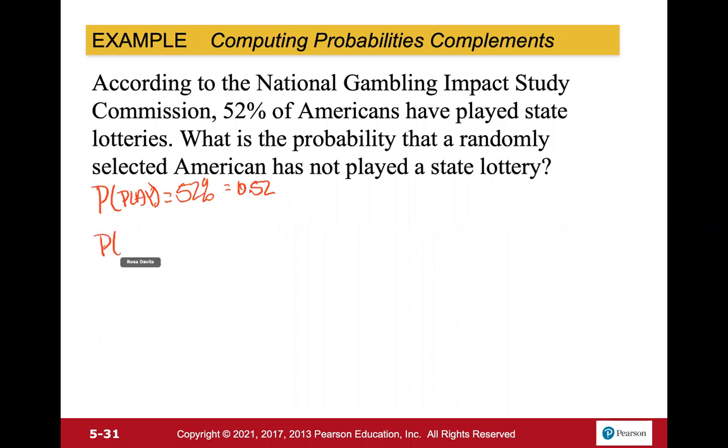So probability of not playing. Notice how these two are complements of each other. They're the exact opposite. There's not one person that could both play and not play. You're either playing or you're not playing, or you have never played. So the probability of not playing is going to be 1 minus the probability of playing, which we already have: 1 minus 0.52.